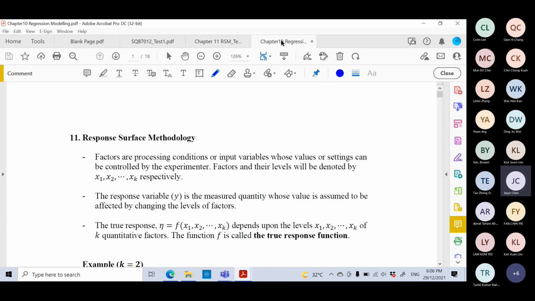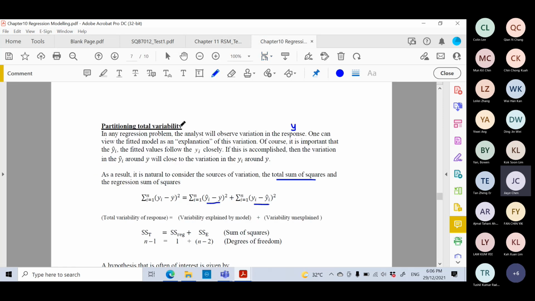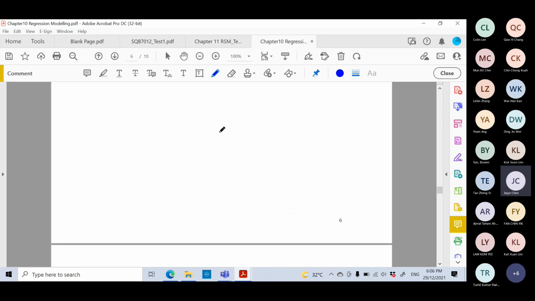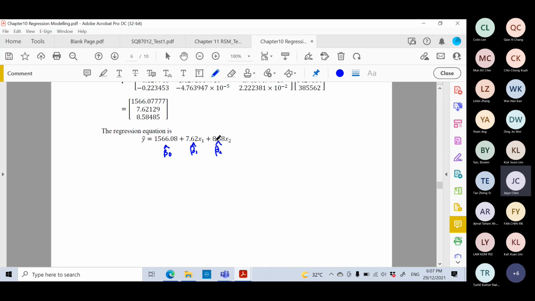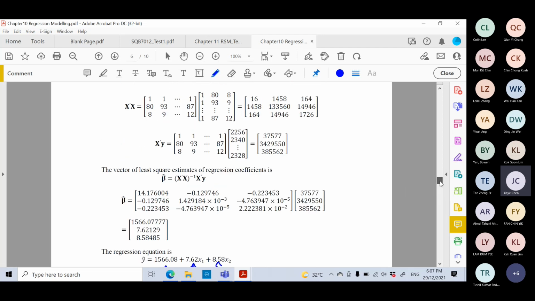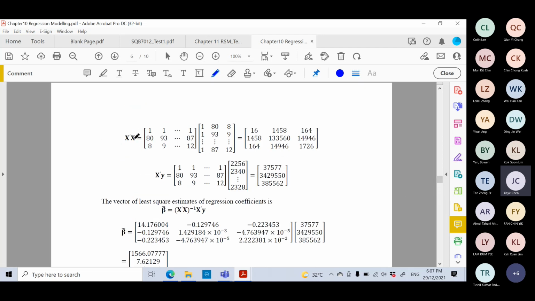The regression review is for students not familiar with linear regression: how to do it and how to estimate parameters, because my later example involves X prime X inverse, and beta hat is given by the following formula.